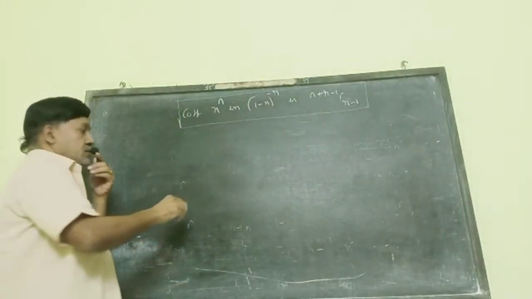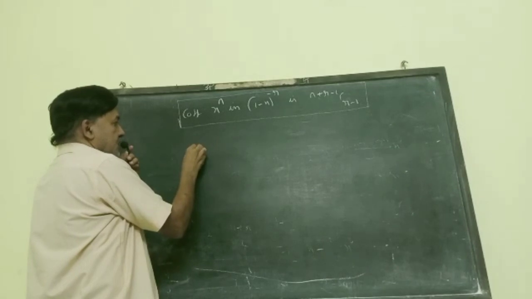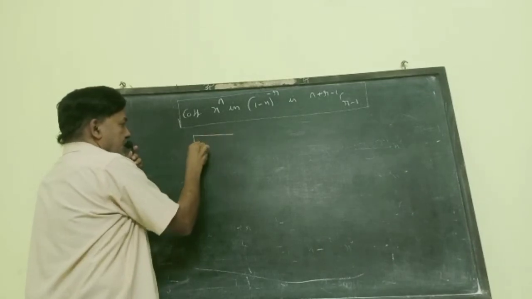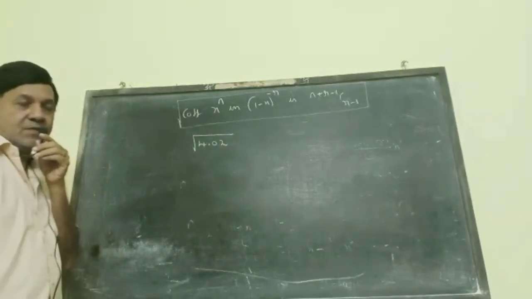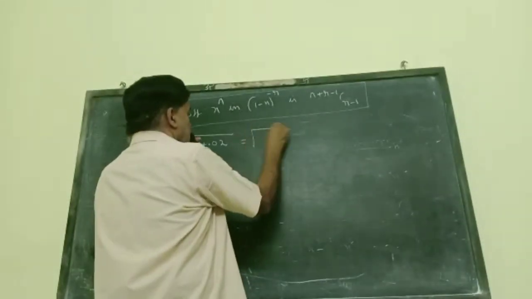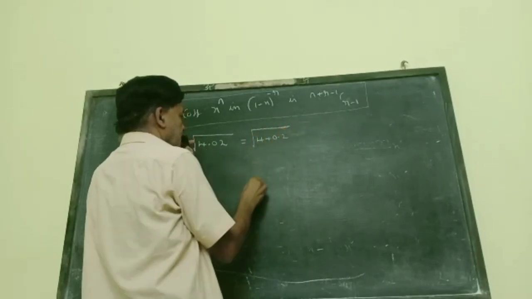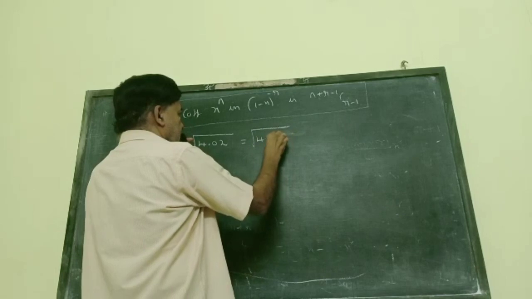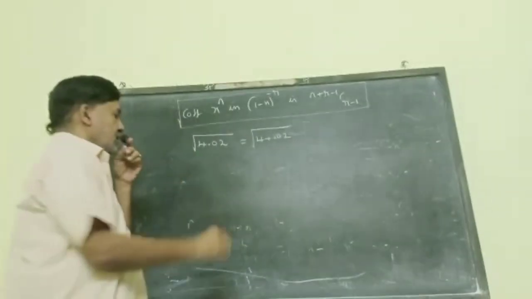Suppose you come across a problem like this: find the square root of 4.02. Then you have to put it like this. Square root of 4 + 0.02.